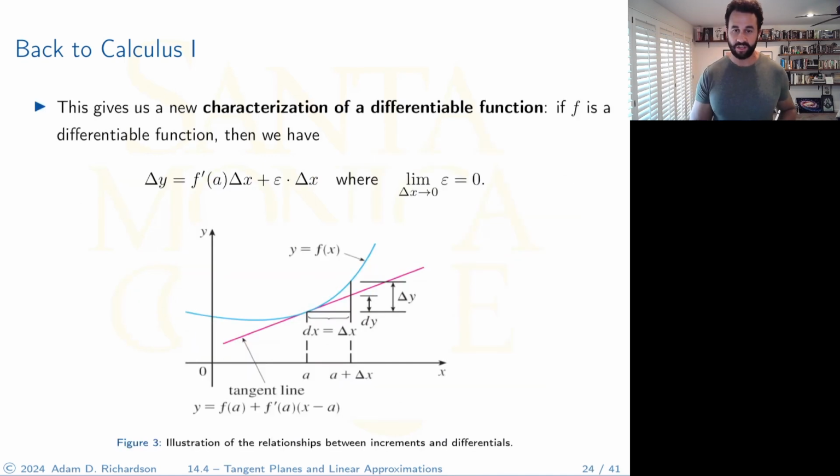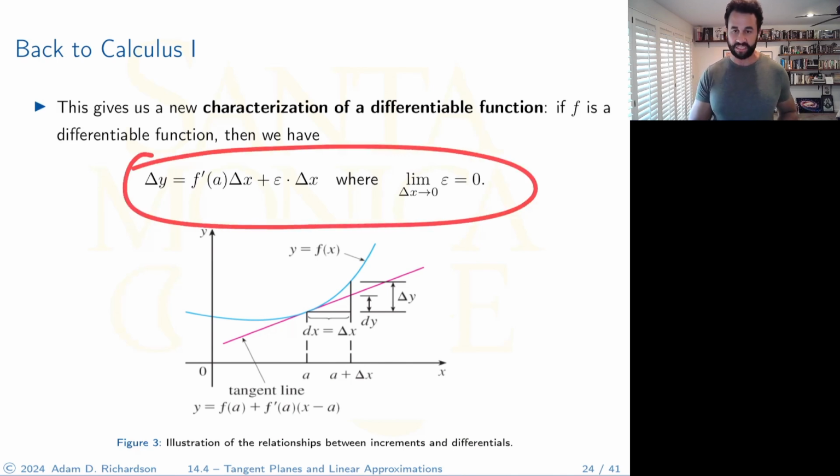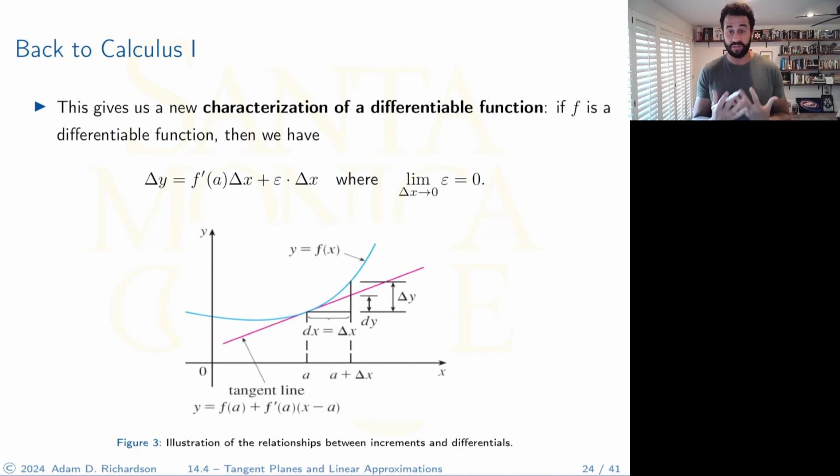All right. So this gives us what I'm calling a characterization of a differentiable function, and this is what you can take as a definition. A characterization is usually an alternative definition. So this is what we're saying: if f is a differentiable function, then that means that we can write the increment of y in this form, where epsilon goes to 0 as delta x goes to 0.